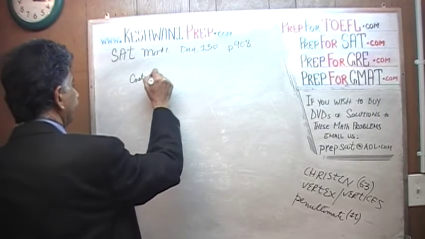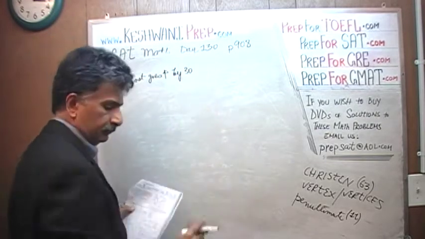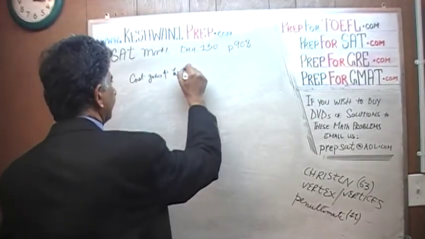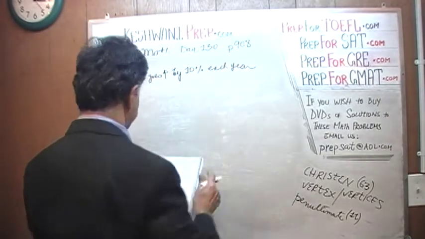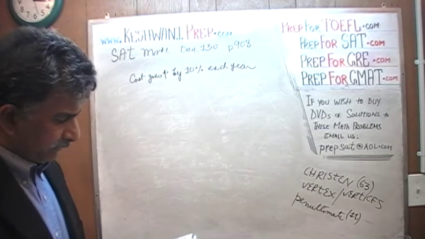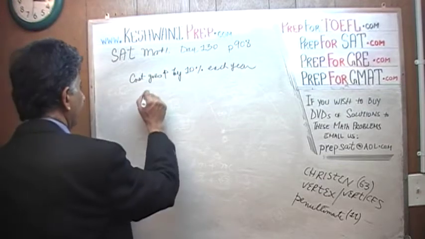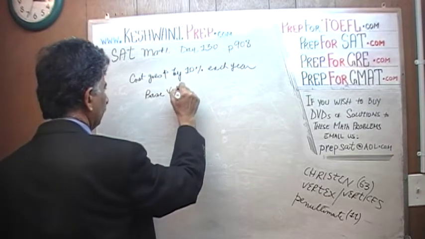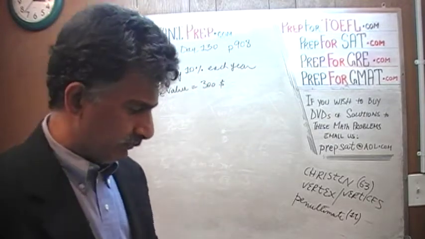Cost goes up by 10% each year. Andrew paid $300 this year for the maintenance of his car. So he paid the base price, the base value is $300. $300 is what we start out with.